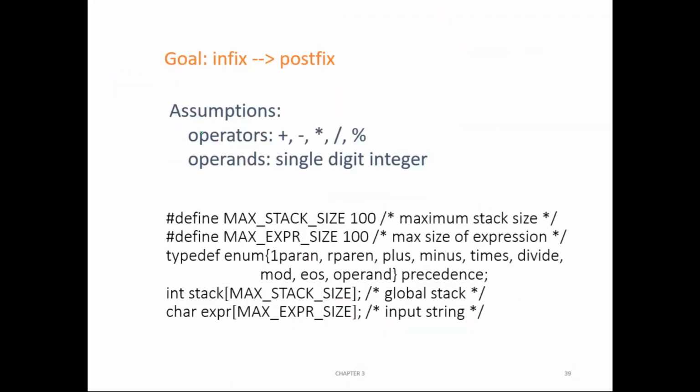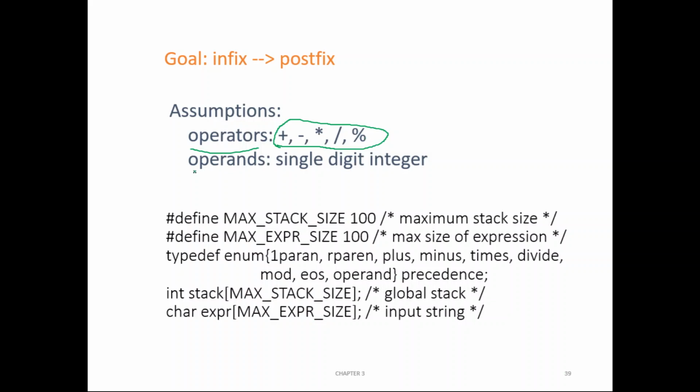So this is a simplified version of the algorithm, which deals only with these 5 operators: plus, minus, star, slash and modulo. This is our assumption, that whatever expression we give as input in the postfix notation will hold only these operators.